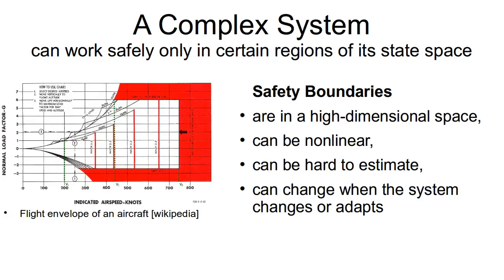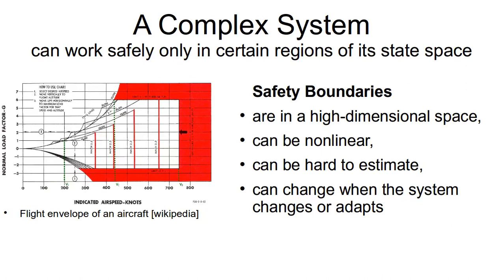In general, a complex system can work safely only in certain regions of its state space. Let's look at an aircraft. An aircraft can only fly at certain altitudes, at certain speeds. When we look at the flight envelope of an aircraft here on the left-hand side, shown over the speed of the aircraft versus the load factor, there is a region, this cone-shaped region in the middle, where the aircraft is flying safely.